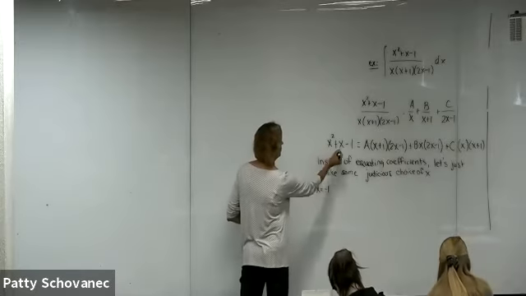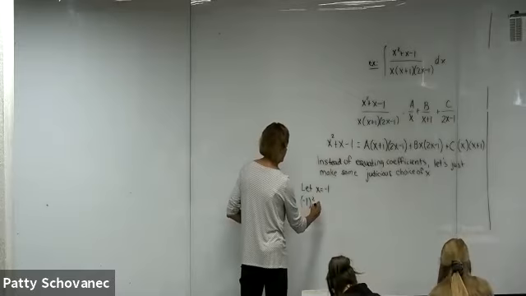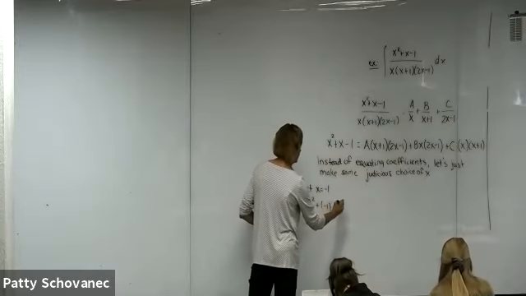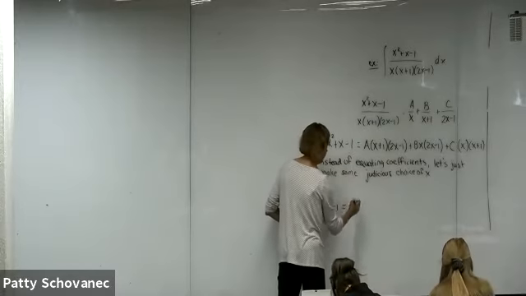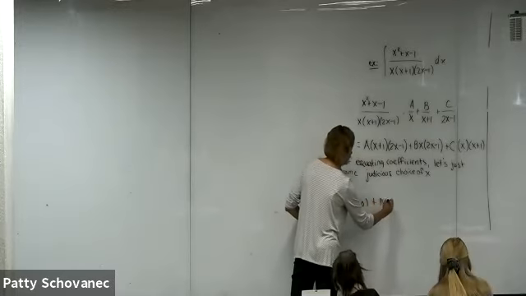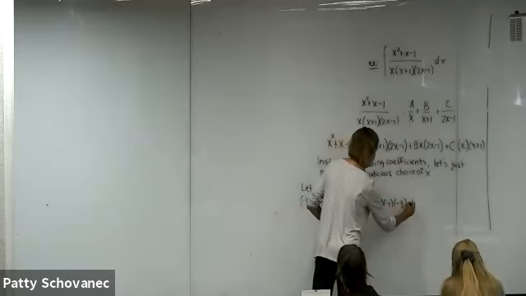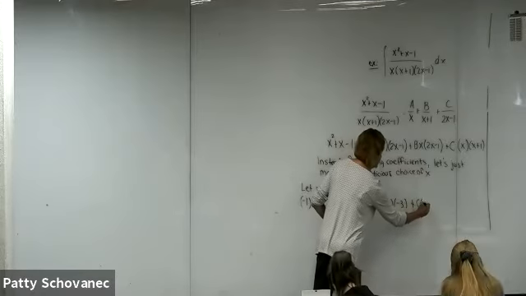So if I put a -1 in here on the left, I get -1 squared plus -1 minus 1. If I put -1 here, I get A times 0 plus B times -1 times -3, and then C times 0.